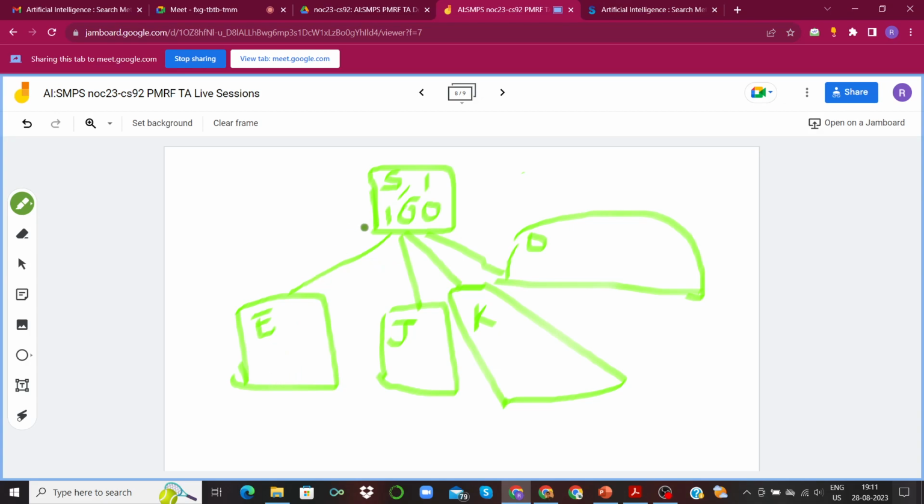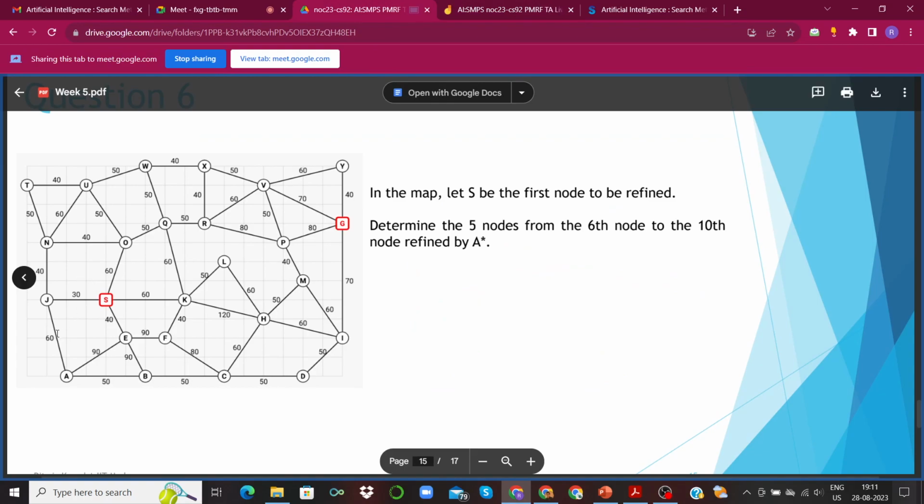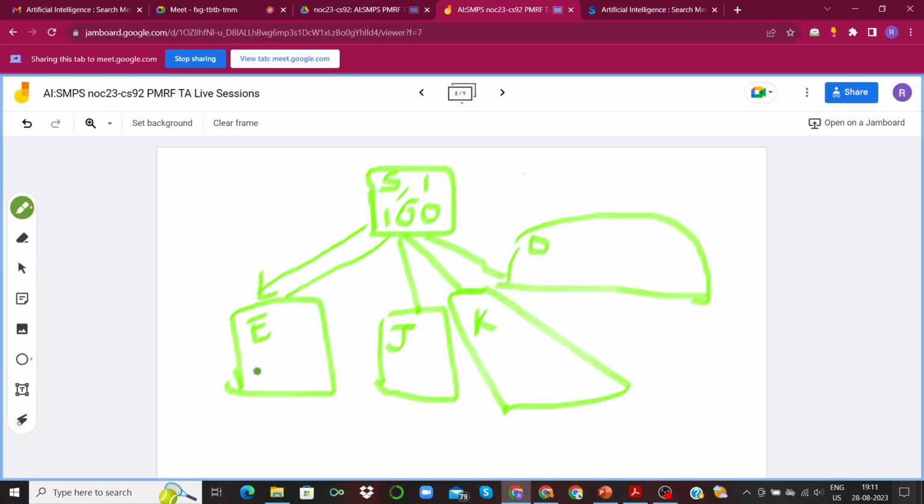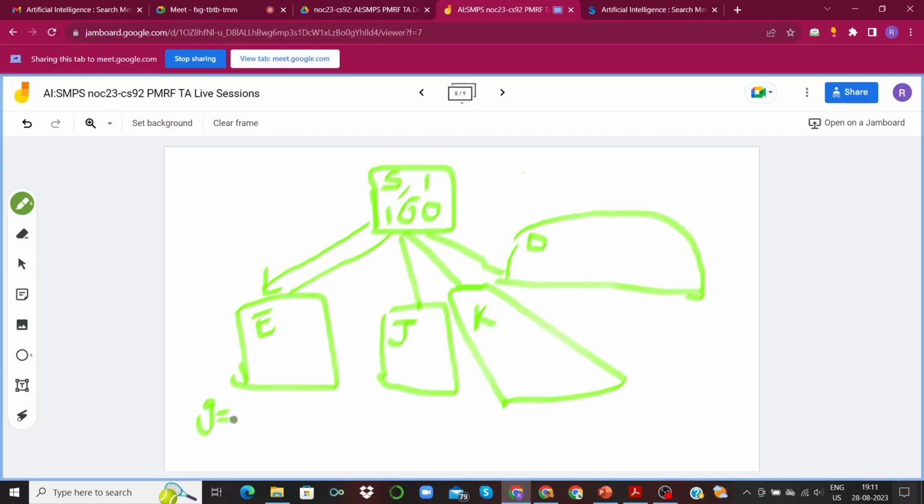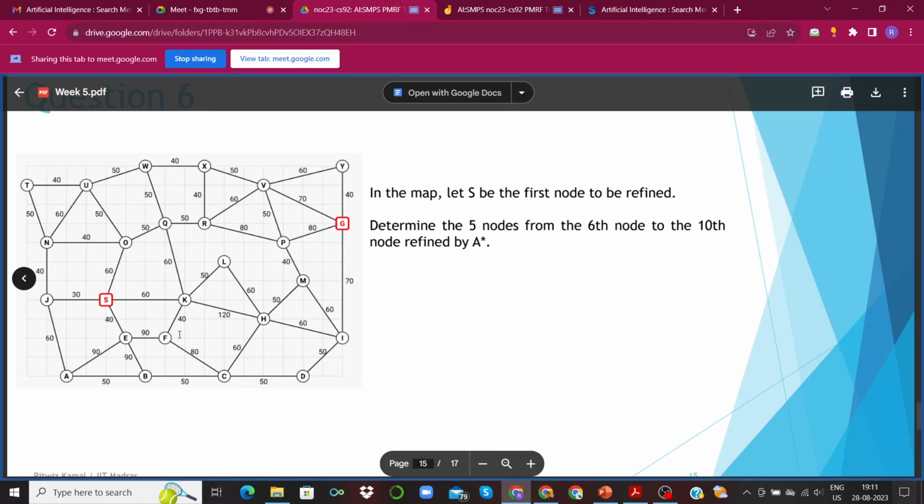When you consider this particular edge from S to E, it basically means that you already know the actual cost of going from S to E from our big map, which is 40. So for this one, G will be 40, and your H will be the Manhattan distance between E and your goal node. Okay, let's see what that is.